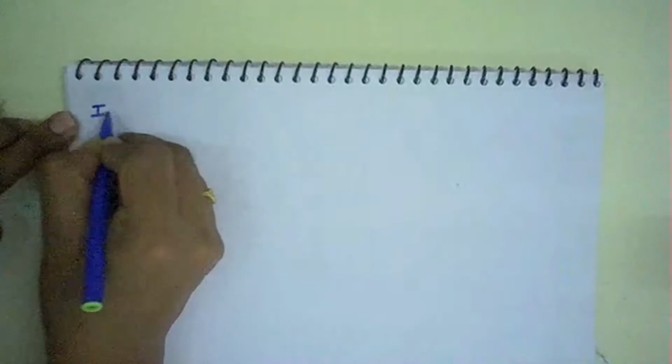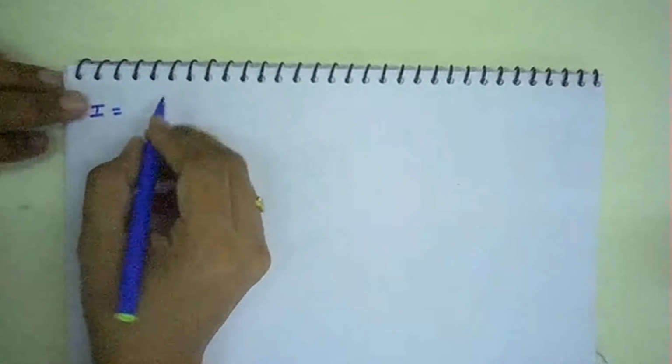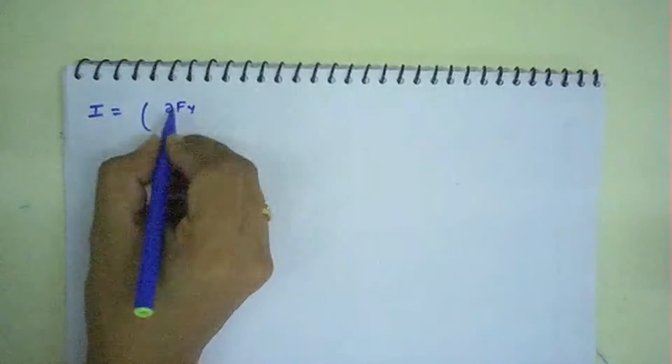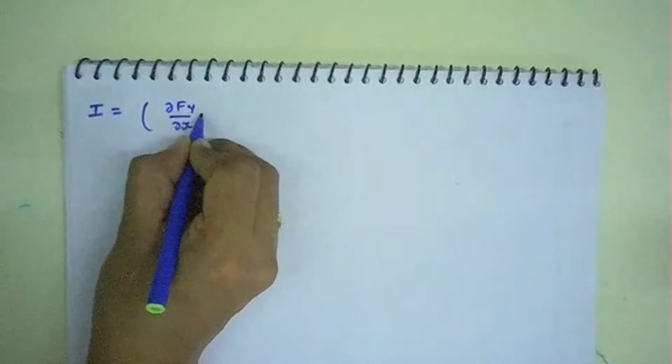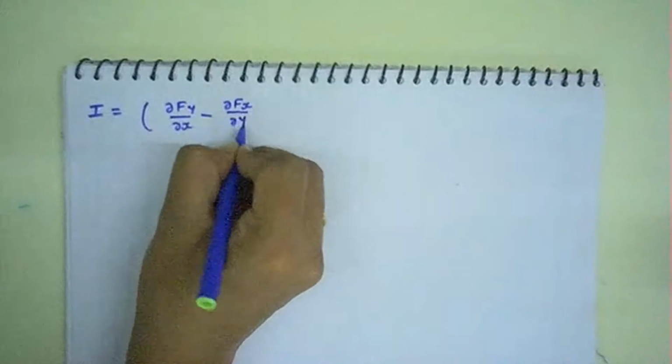By further simplifying, the total I is nothing but the change of Fy with x minus the change of Fx with y, times the differential surface.